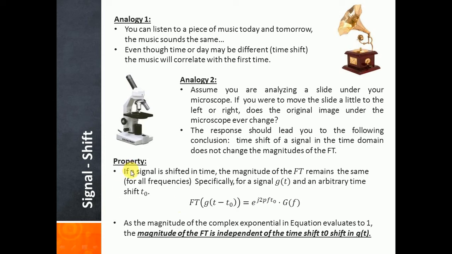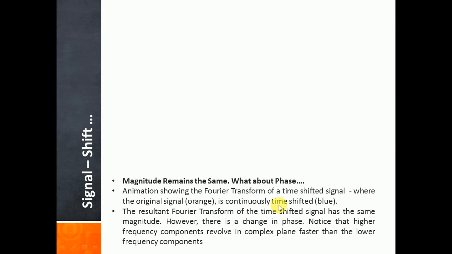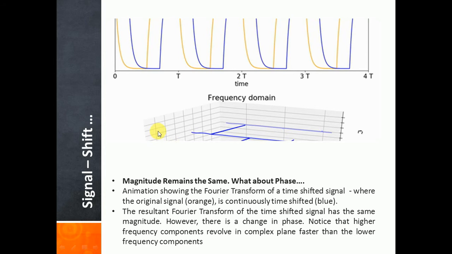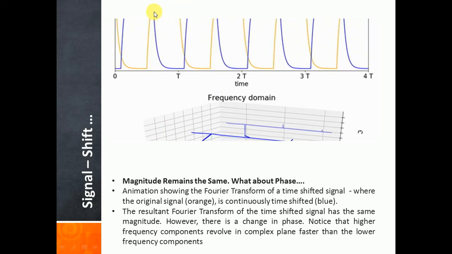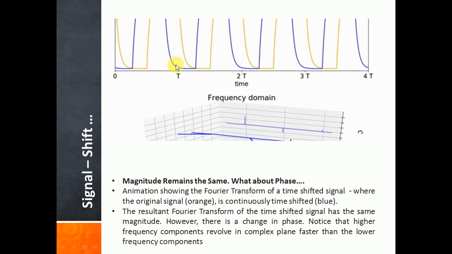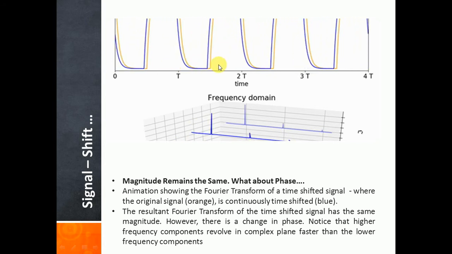Therefore, what we're trying to focus on here is that a shift in the time domain does not change the magnitude of the Fourier transform. It does, however, change the phase. So for instance, in this animation, the orange is the original signal and the blue is the shifted version in time.